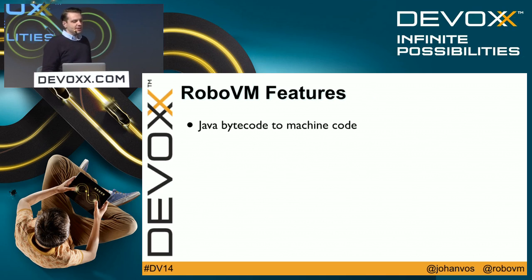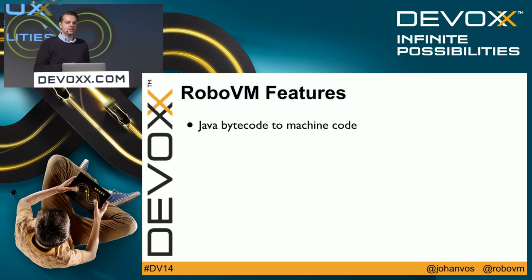So, at the heart of RoboVM is a compiler that takes Java class files containing Java bytecode and translates them into machine code. We currently have support for iOS ARM, of course, because that's what the devices use. You can also target iOS for Intel 32-bit CPUs, which is what you would use when you launch something in the iOS simulator.